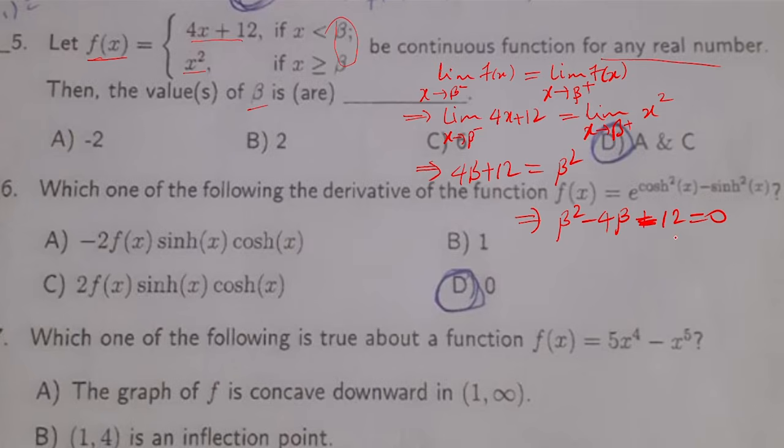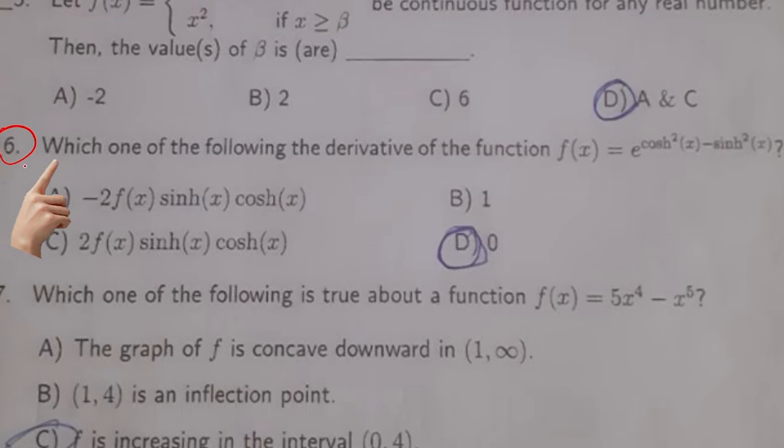The product is minus 12, the sum is minus 4: minus 6 and 2. So beta minus 6, beta plus 2 is equal to 0. So, the product being 0, beta should be 6 or beta should be minus 2. Now minus 2 is at A, 6 at C, the answer is D.